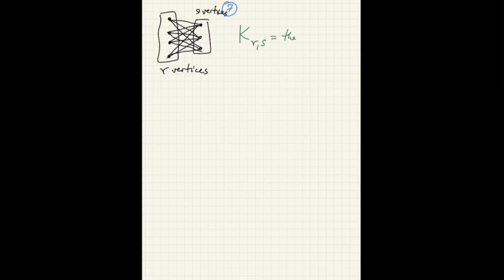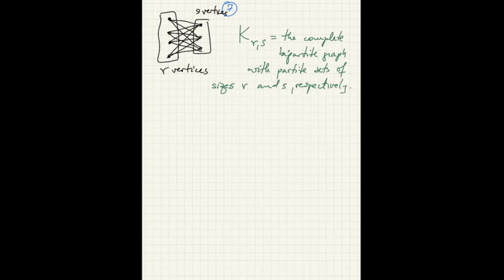This is the complete bipartite graph with partite sets, or color classes, of sizes R and S respectively.